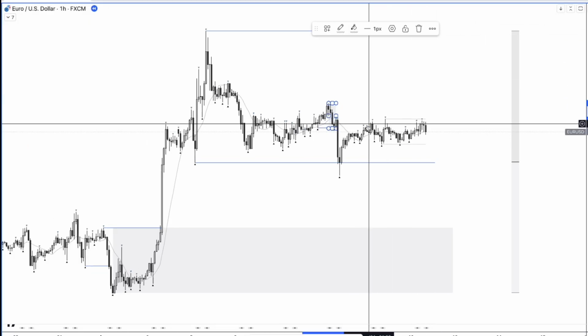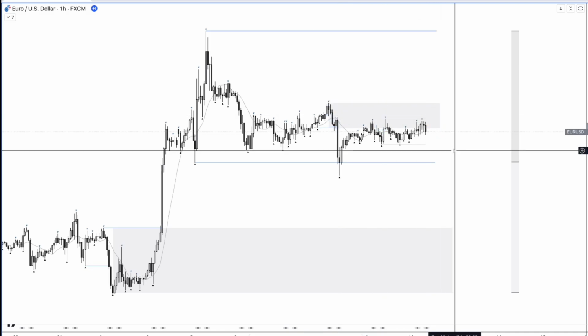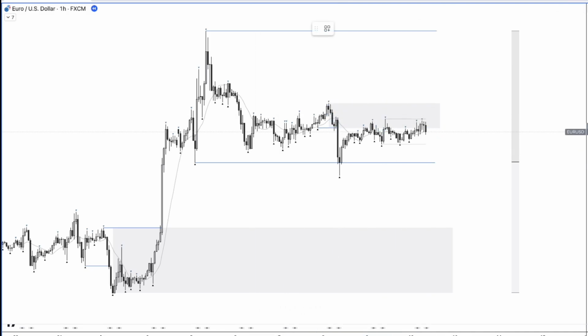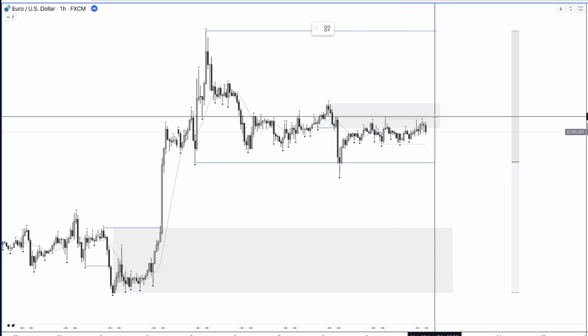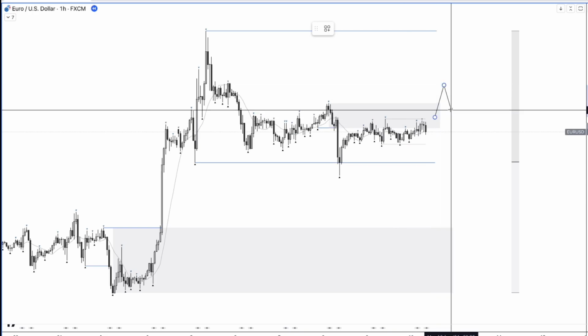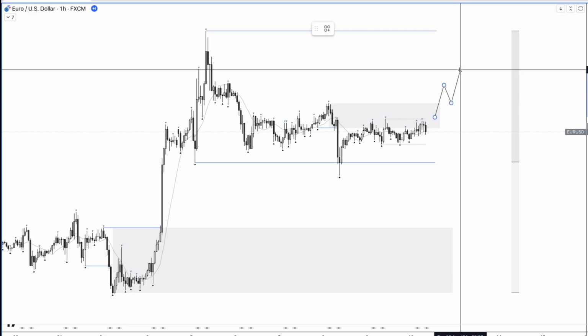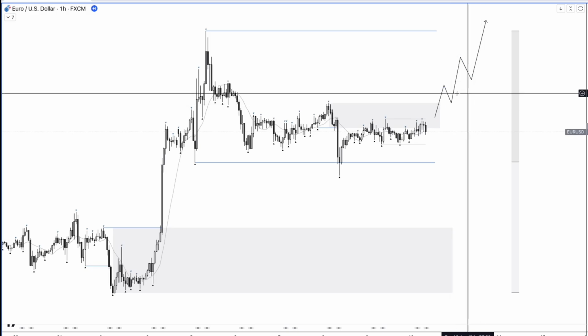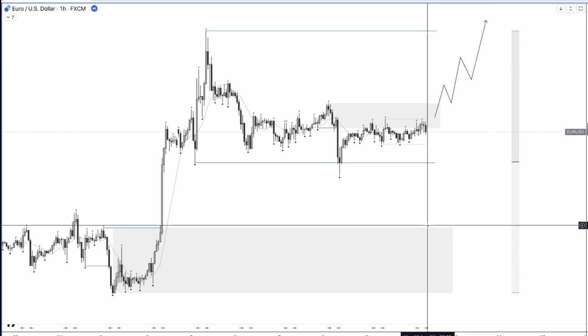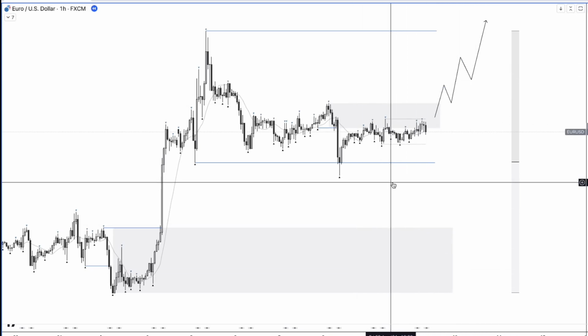And if you have a look here now, price for me is only confirmed to trend higher once this high had broken here. If we had seen that break in structure, then we would obviously want to play something like that. So Monday was the deciding factor.